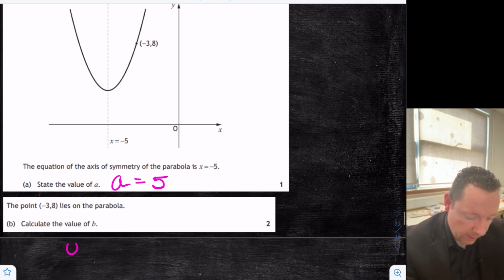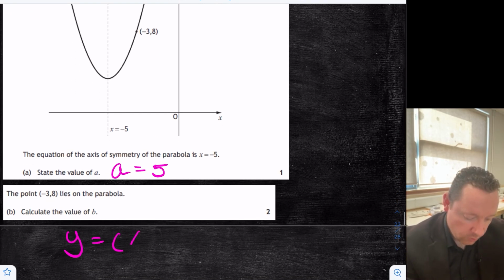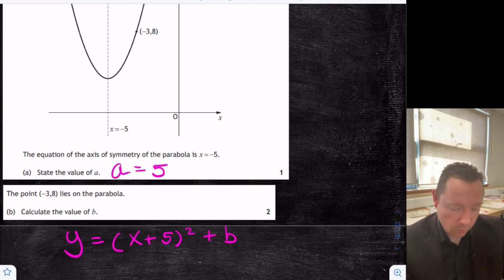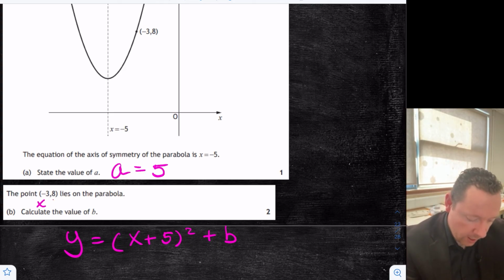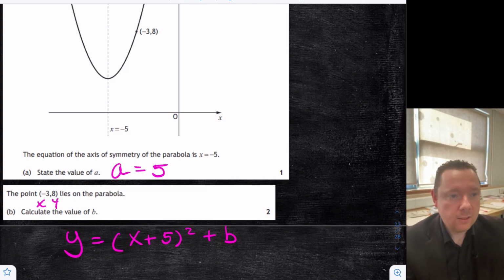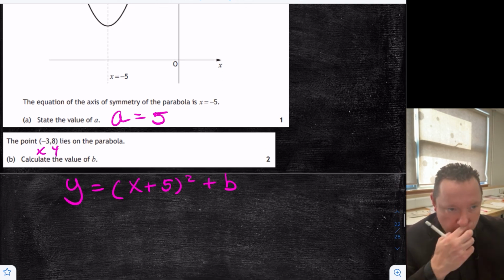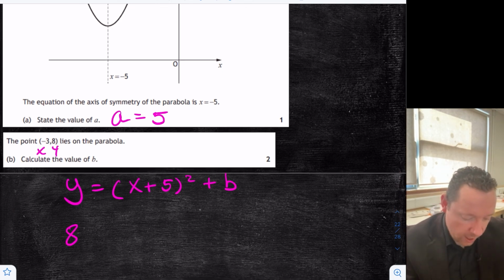So we've got y equals (x plus 5) squared plus some number b. But we know the point lies on it, so we're going to substitute the point in because that's an x value and that's a y value. So y is 8, x is minus 3: 8 equals (minus 3 plus 5) squared plus b.